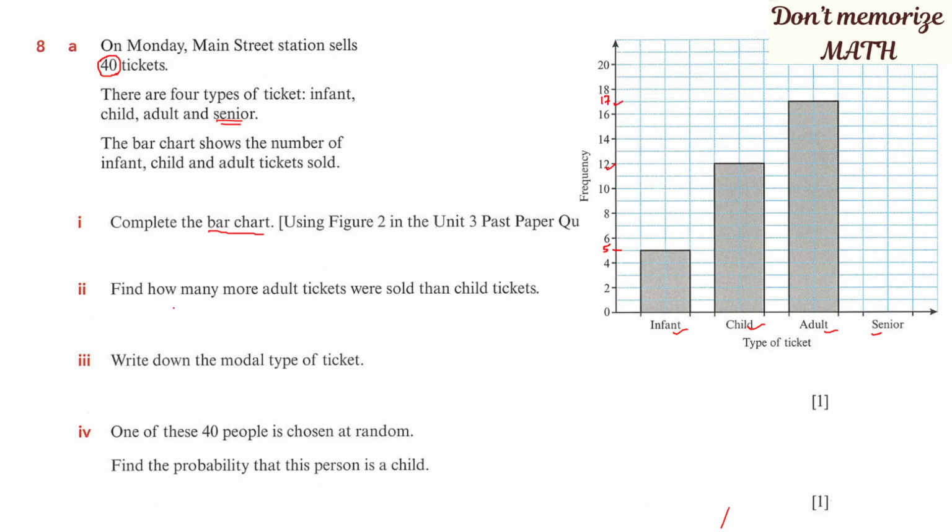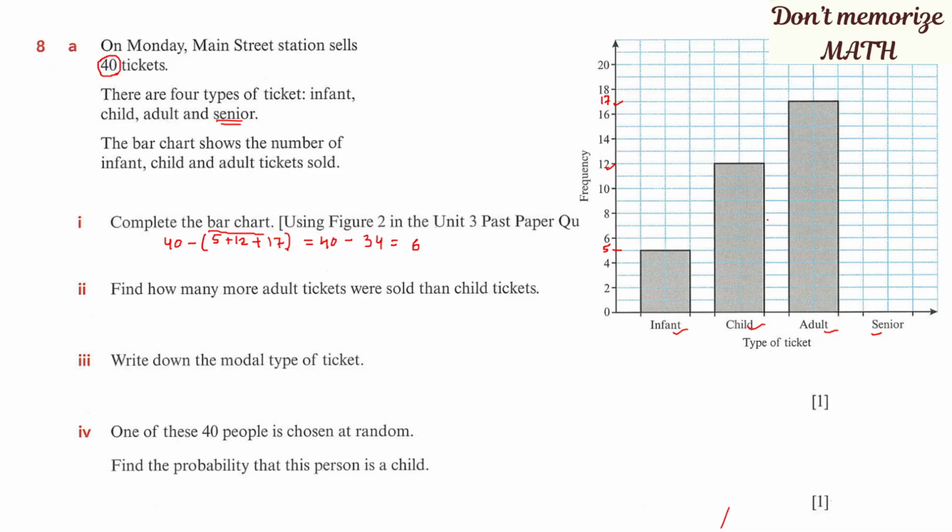So from 40 you can subtract those. 40 minus 5 plus 12 plus 17, because the total tickets is 40. 5 plus 12 plus 17 is 34. So you will get 40 minus 34, that is 6.